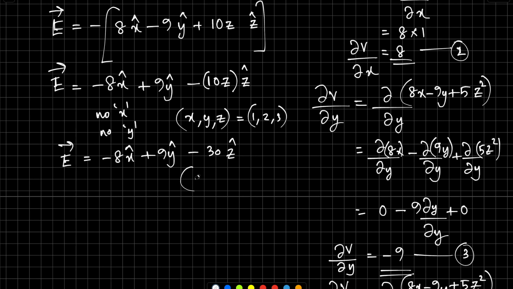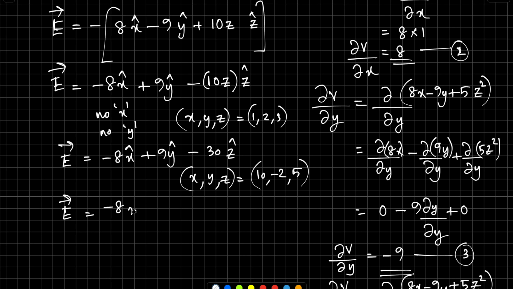Now, we have another set of coordinates, x, y, z equals, let's say, 10, minus 2, 5. To find the electric field vector at this point, we should replace x with 10, y with minus 2, and z with 5. Again, the same function, but we don't have x here.